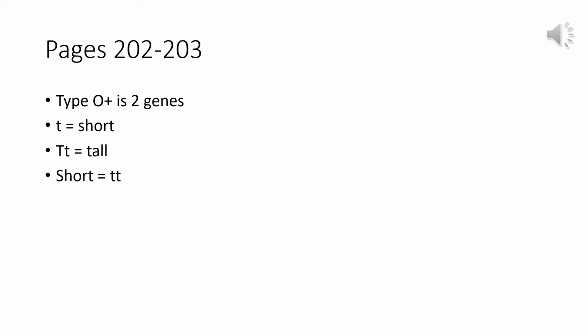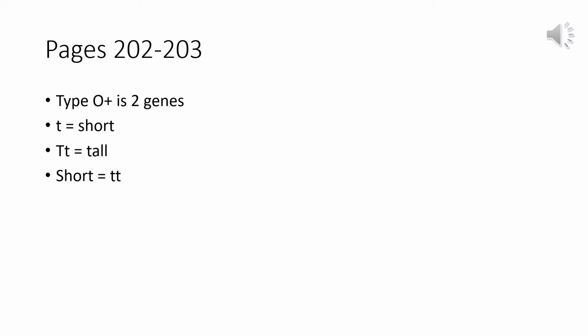In the letter D section, tall plants are dominant over short pea plants. What letter would you use to represent the short genotype? Sometimes students guess little s's because it is short, but really we're going to be using a little t. Tall pea plants are dominant, so we're going to use t's for tall and short.